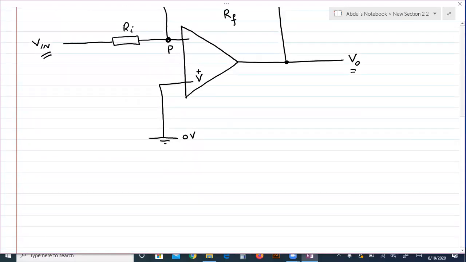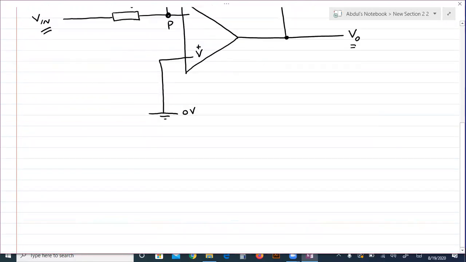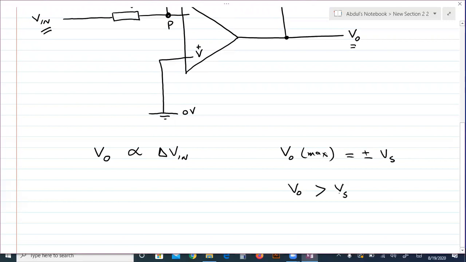Okay, so first of all, before switching on the circuit, look, output directly proportional to difference of the two input, but maximum output is plus minus supply. If output becomes greater than supply, then operational amplifier is called saturated.